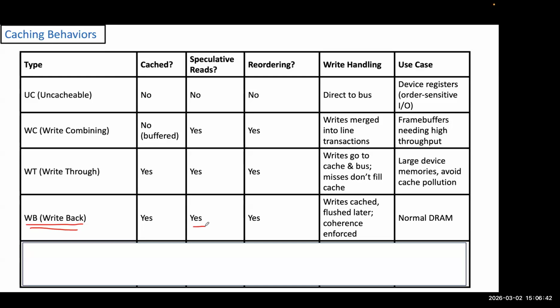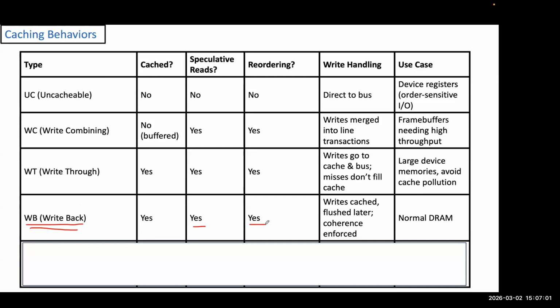And the other thing is that speculative reads are allowed on the data for which we have specified the write back cache behavior. Also, reordering is allowed. By this time point, I expect you to already know what speculative reads are.